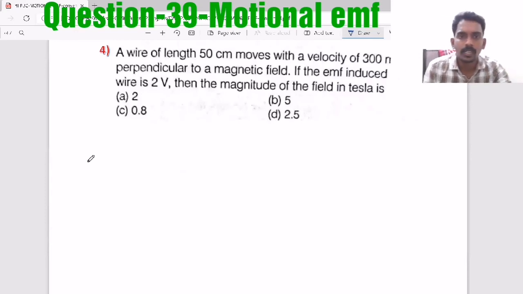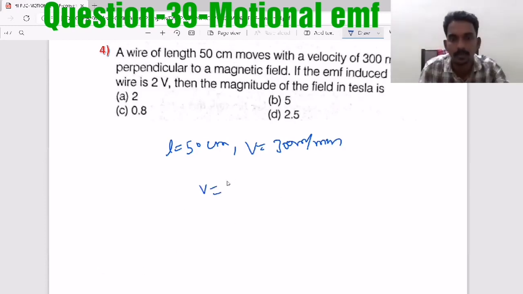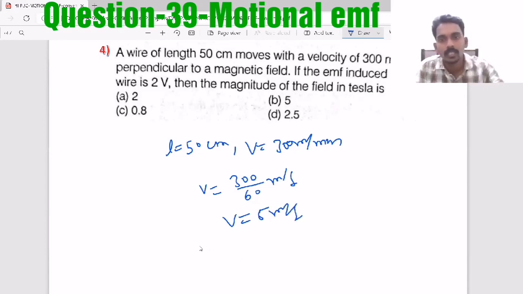Now the next question: a wire of length 50 centimeter moves with a velocity of 300 meter per minute. Instead of seconds, they have given minutes. That means divide by 60, which is 5 meter per second. The EMF induced in the wire is 2 volt.